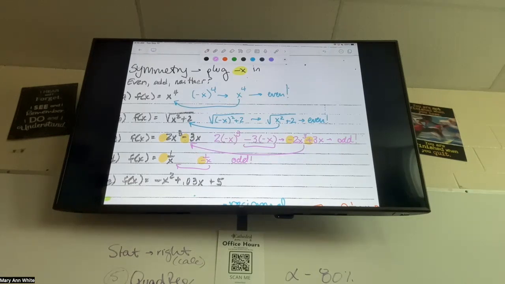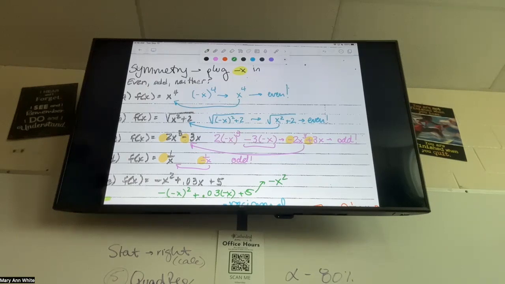Okay, and then we've got this last one. I've got negative x squared plus 0.03x plus 5. And again, every time you see an x, make it negative. So I've got negative of negative x squared plus 0.03 times negative x plus 5. Okay, negative x squared is going to be positive, but I still have that negative out front, so it will stay as negative x squared.